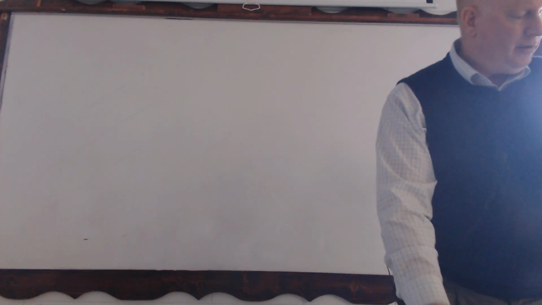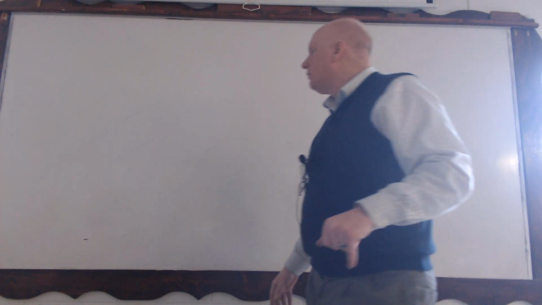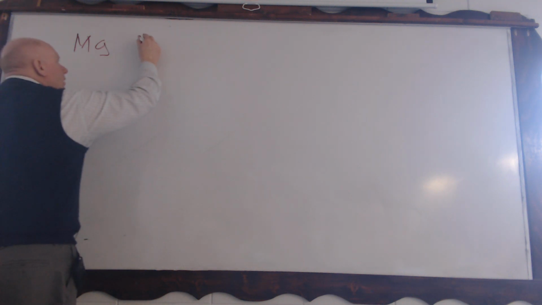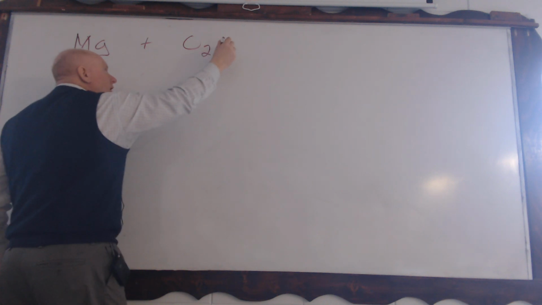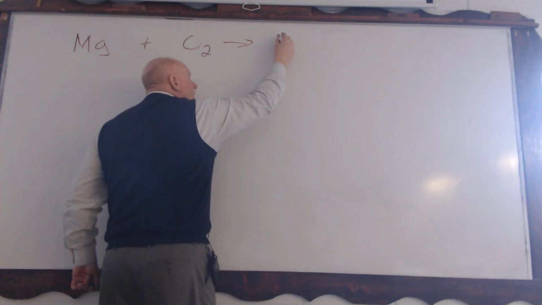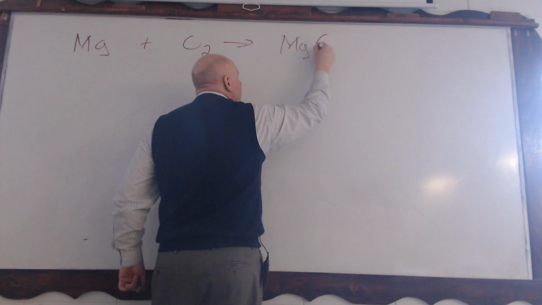Okay, so when magnesium burns in air, it combines with oxygen to form magnesium oxide according to the following equation. Okay, so how nice was it of them to give you that reaction? So it says we've got some magnesium. Okay. We're combining that with some oxygen, and then they give this to you that it's magnesium oxide.